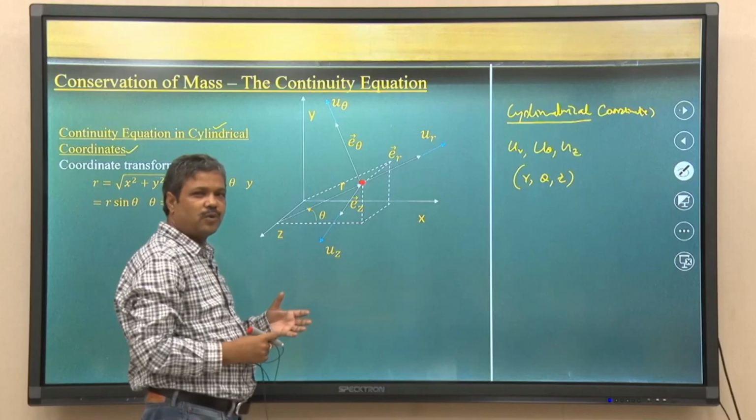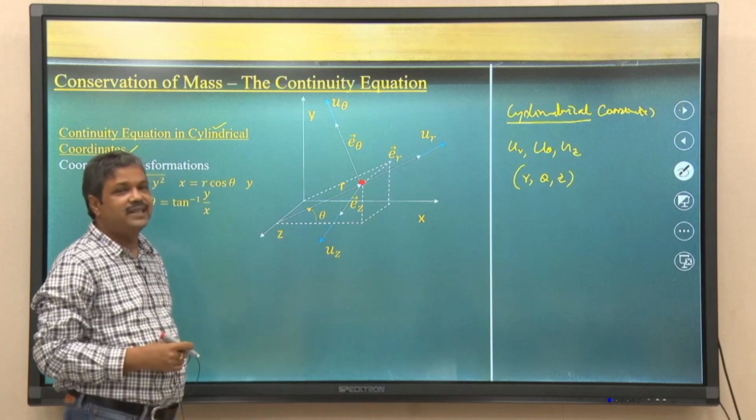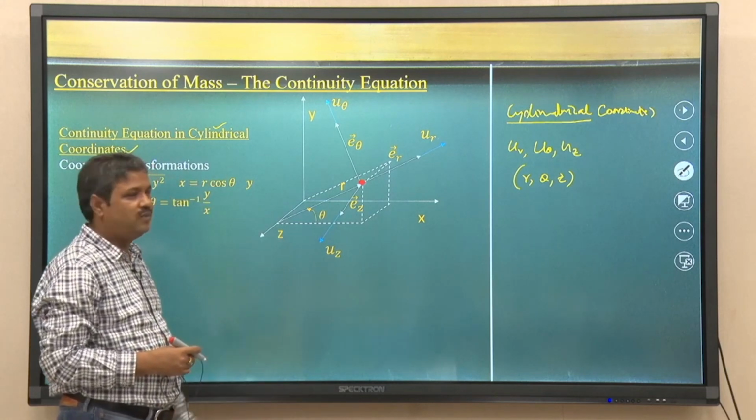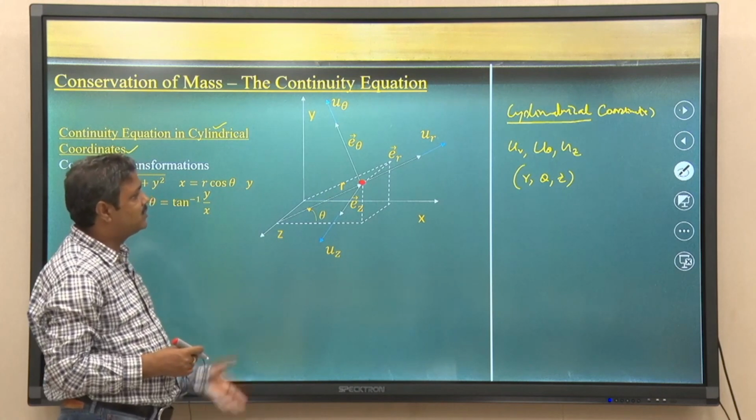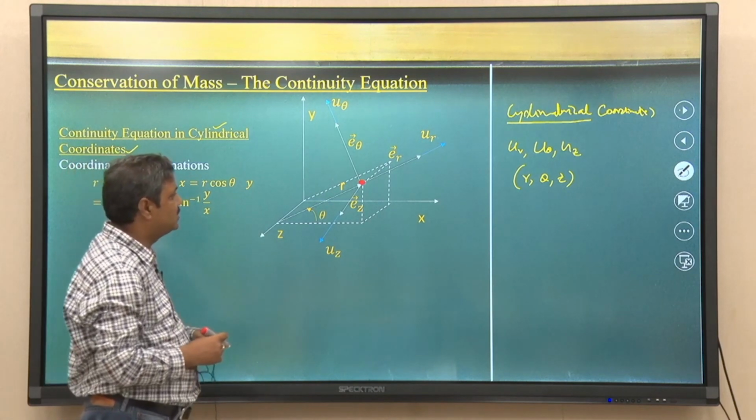Okay. So, many problems we can solve using cylindrical coordinates, because it will be easier for imposing the boundary conditions.